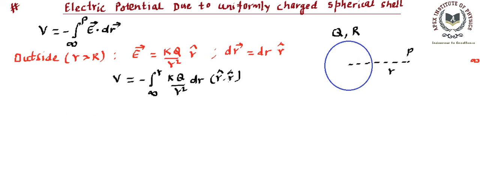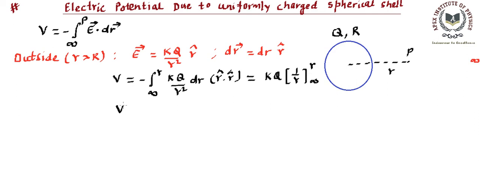We know this unit vectors dot product is unity, that is 1. So this will become equal to kq within the bracket 1 upon r after integration. We had this integration earlier as well. 1 upon r square will lead to minus 1 upon r, and minus in minus will become plus. This has to run from infinity to that location which is r.